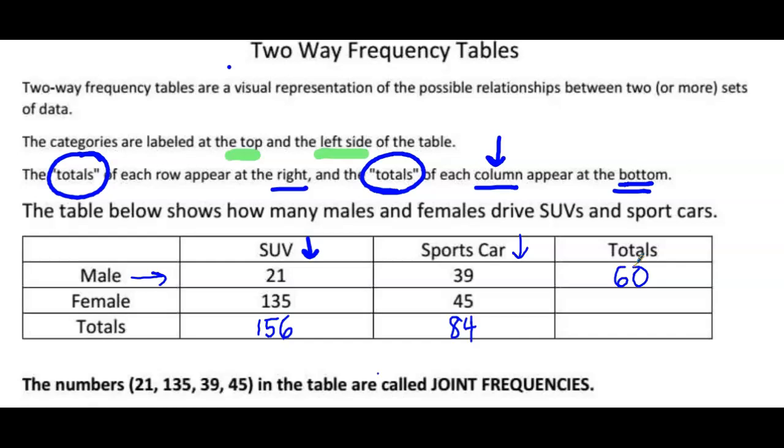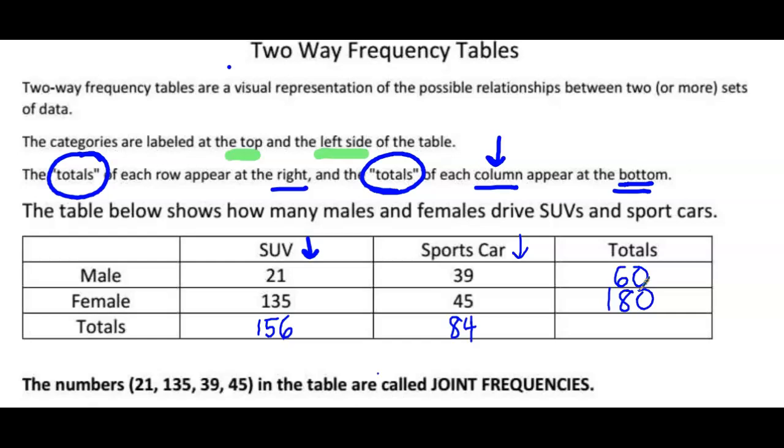Then I have the row of females. So you want to add across. I'll grab the highlighter again. You're going to add across this row on your calculator: 135 plus 45 gives you 180. Now there's one last number that we need to put.